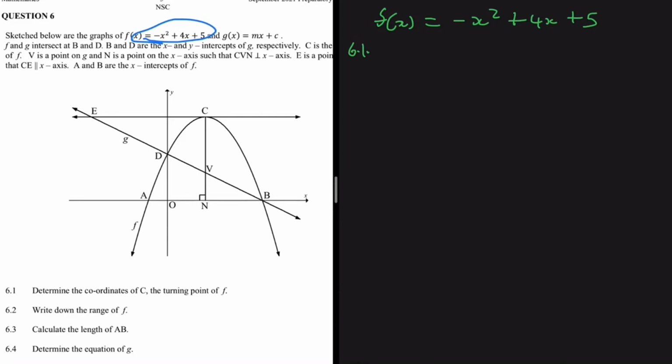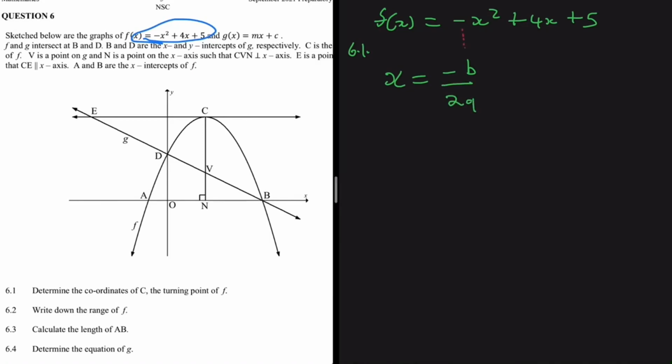To determine the coordinates of the turning point, you first find the x value of the turning point. And after you've determined the x value, you can then determine the y value. The formula you use for the x value of the turning point is x equals minus b divided by 2a, when your equation is in standard form.